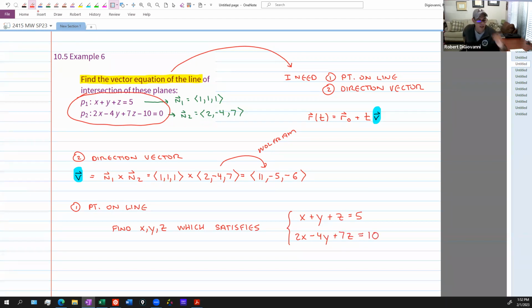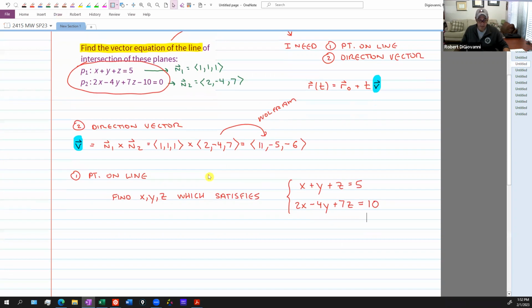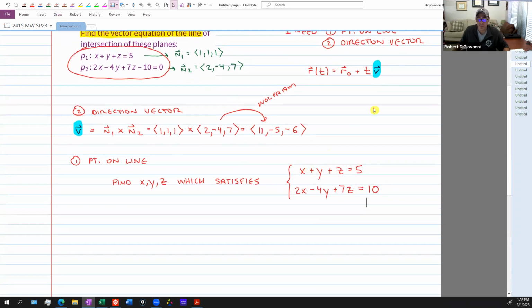On that second equation, I'm going to move the -10 to the right side. And now I have the joy of solving this.